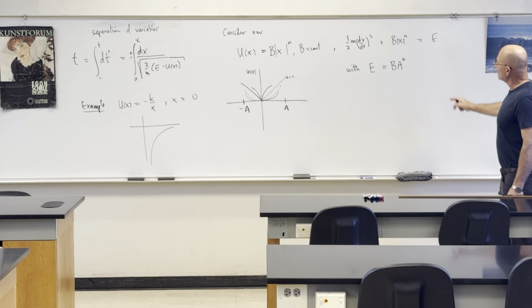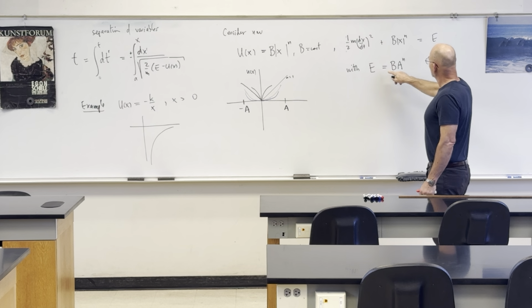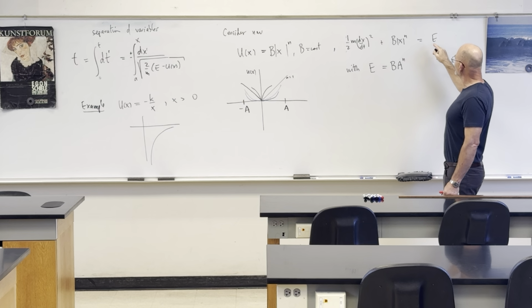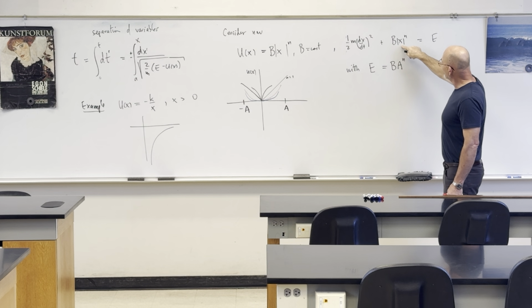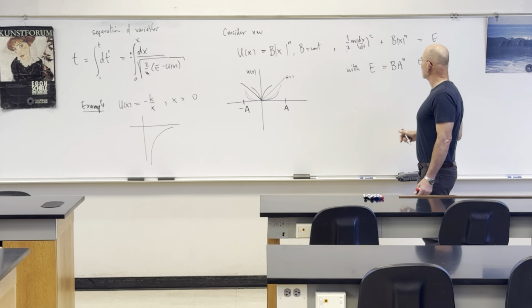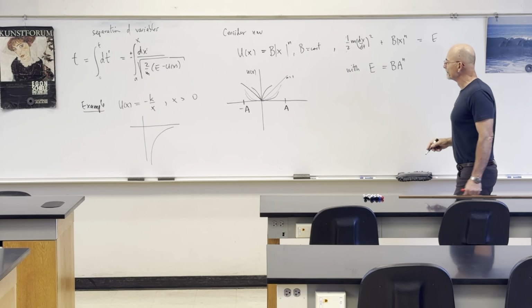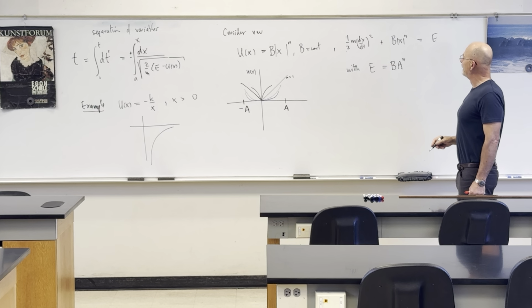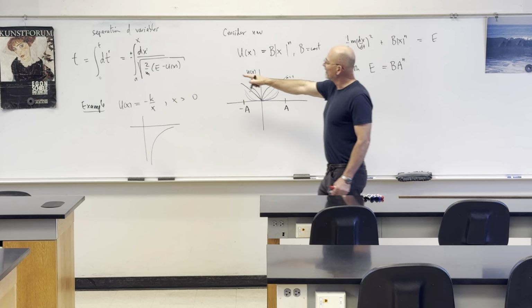So that's just by energy conservation. E is b a to the n because when we get to x equals a and minus a, the velocity vanishes. Those are the turning points.